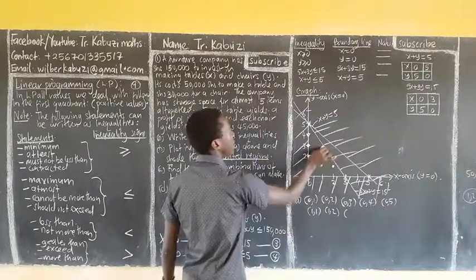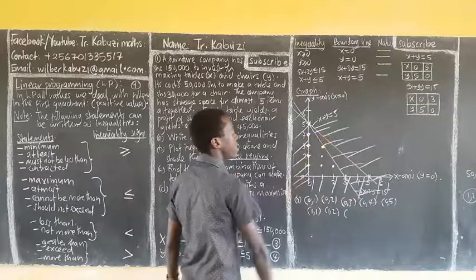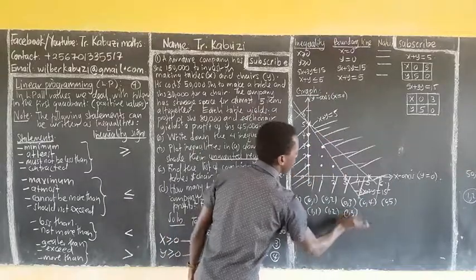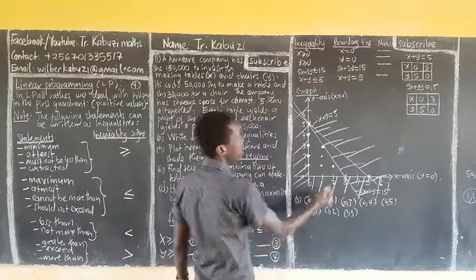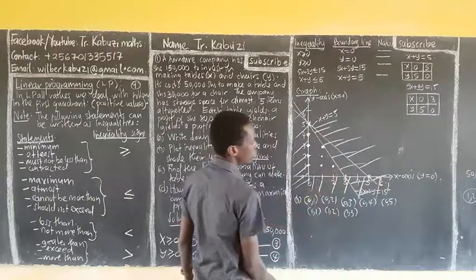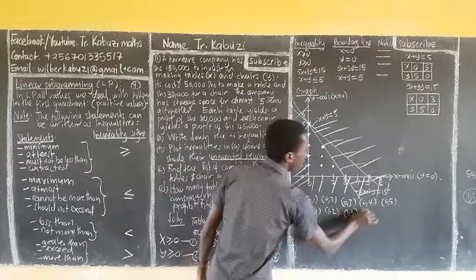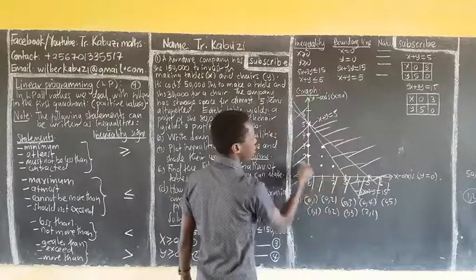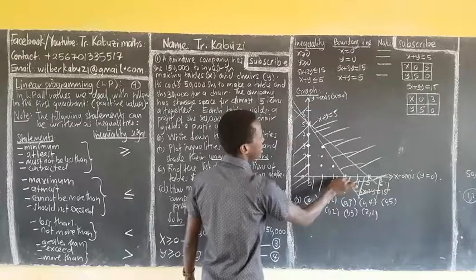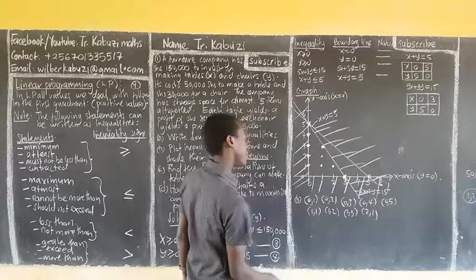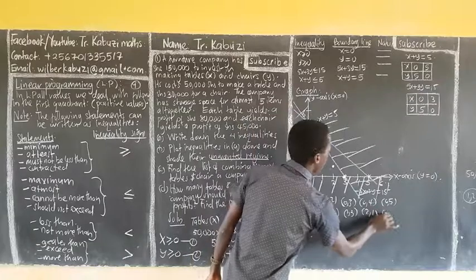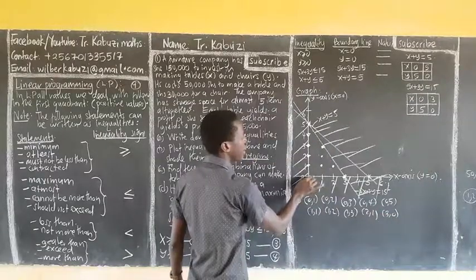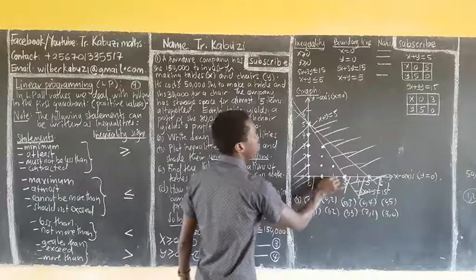This one is on the line, but we said you can take it because the line is solid. Then you also have 2, 1. Then you can also take this as 3, 0.